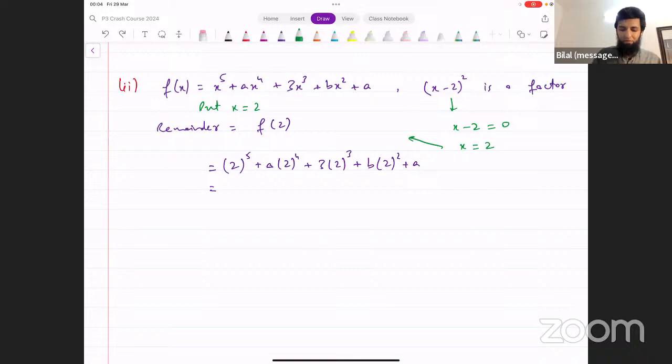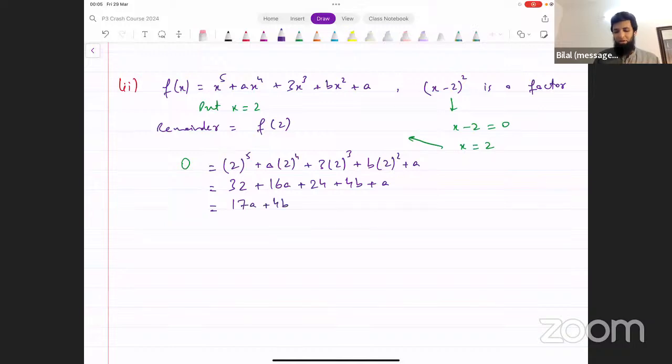So we equate this to 0, and that gives us an equation: 32 plus 16a plus 24 plus 4b plus a. Let's simplify this. That gives us 17a plus 4b plus 24 plus 32, that is 56. We could take that to the other side. We have this equal to minus 56.